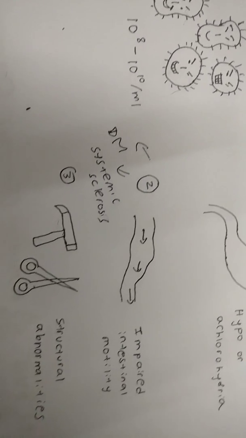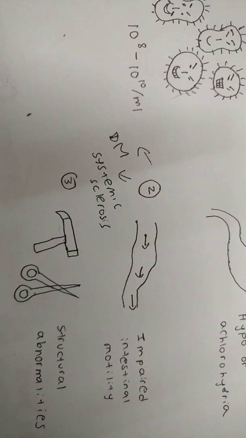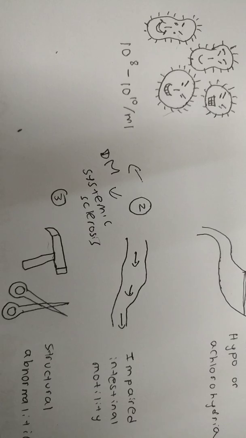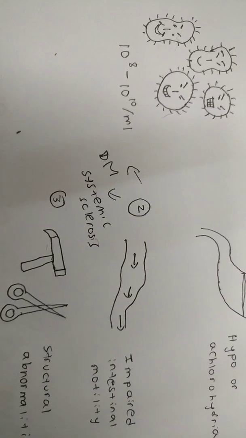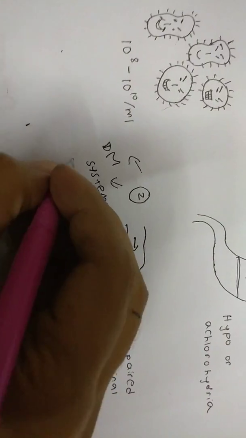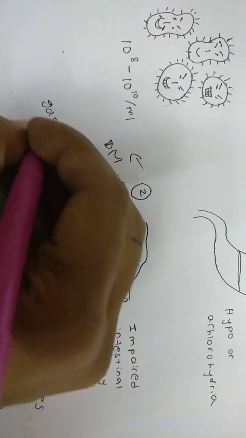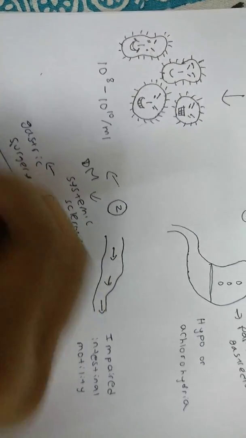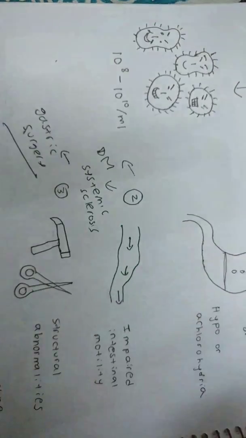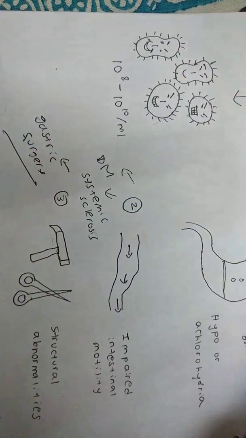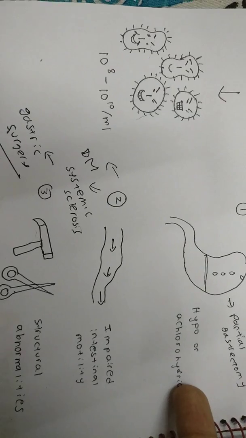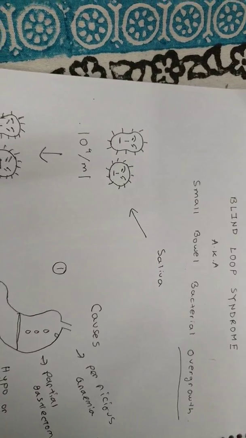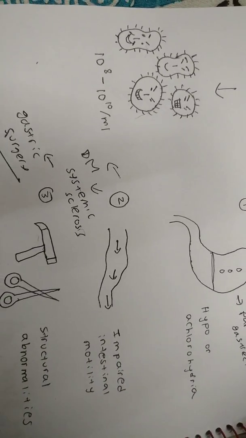Now, there might be some structural abnormalities which may lead to this condition, for example, the person undergoing different kinds of procedures like gastric surgery. What happens in gastric surgery is that this may lead to a condition which may also cause hypo or achlorhydria, which may cause blind loop syndrome or the overgrowth of bacteria.